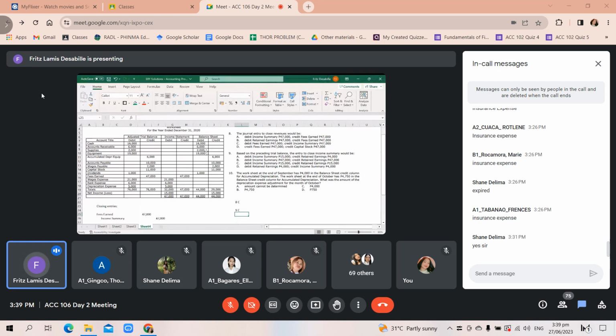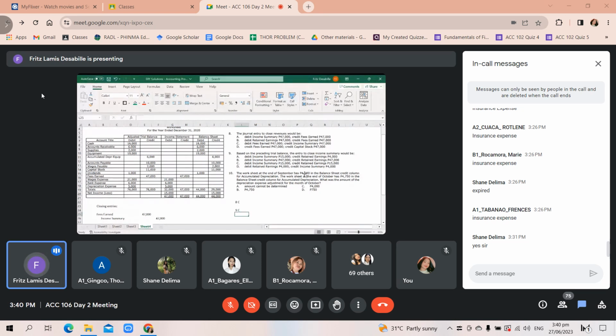The worksheet at the end of October has 4,750 in the balance sheet credit column for accumulated depreciation. What was the amount of the depreciation expense adjustment for the month of October? Obviously, that's 750.